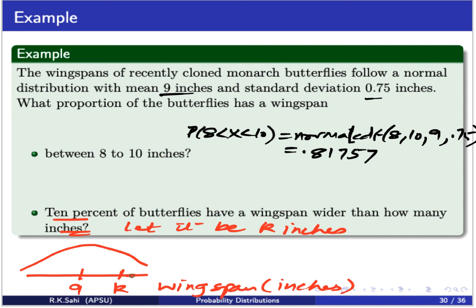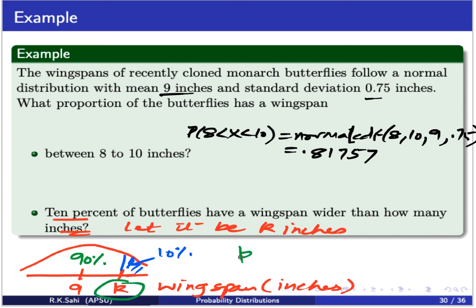Wider means it's more than k, so we are looking at this, and this is given to us. This is 10%. Now, most of your calculators are going to look at the left-hand side. So how much is on the left-hand side of this value k? That is 90%. So we'd like to find this k.